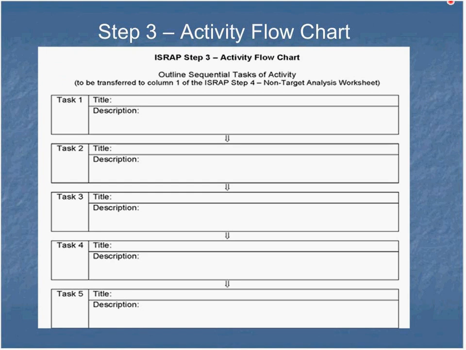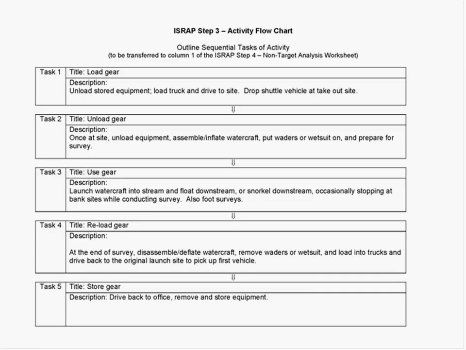Here's an example from Tricia. She's going to load her gear, drive to the site, and in that same task unload her gear. Then she's conducting sampling, and reloading the gear.